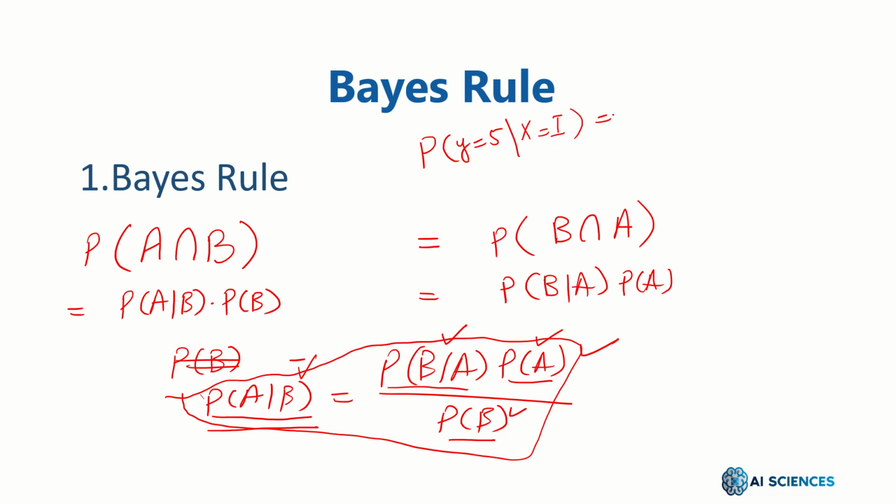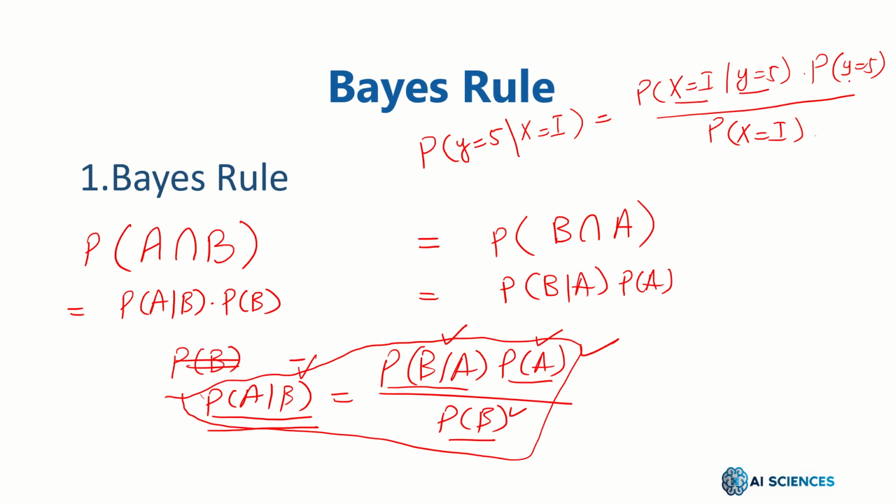By Bayes' theorem, the probability of this is given by the likelihood times the probability of y equals 5, divided by the probability of x being this image. Although I'm talking here in terms of numbers and variables, not events, we will see later on that we can convert events to variables called random variables.